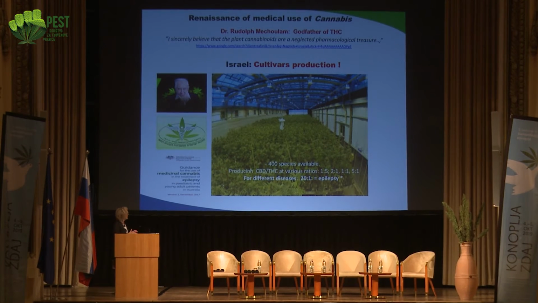In these chemovars, you can really define what kind of strains you want to grow, because with great, controlled conditions, you can get the same composition of the plant, the same amount of cannabinoids, or the same ratios all the time.